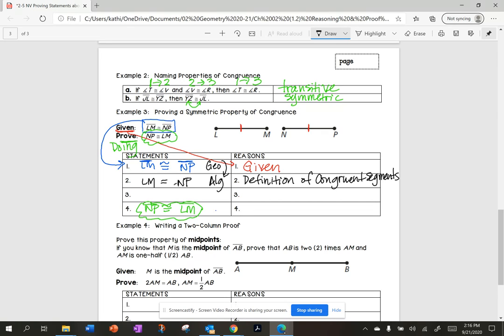And now I'm going to just switch the order of what's on the left side of the equation and what's on the right side. So I'm going to say the distance from N to P is equal to the distance from L to M. And when I switch the left-hand side, I say that's the symmetric property of equality.